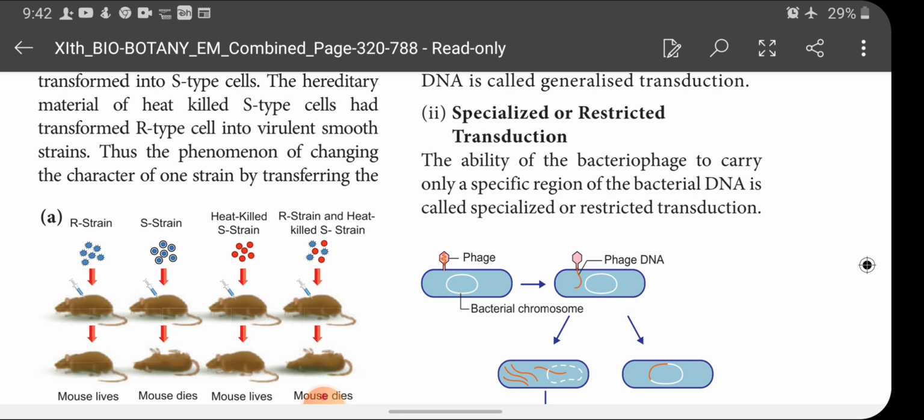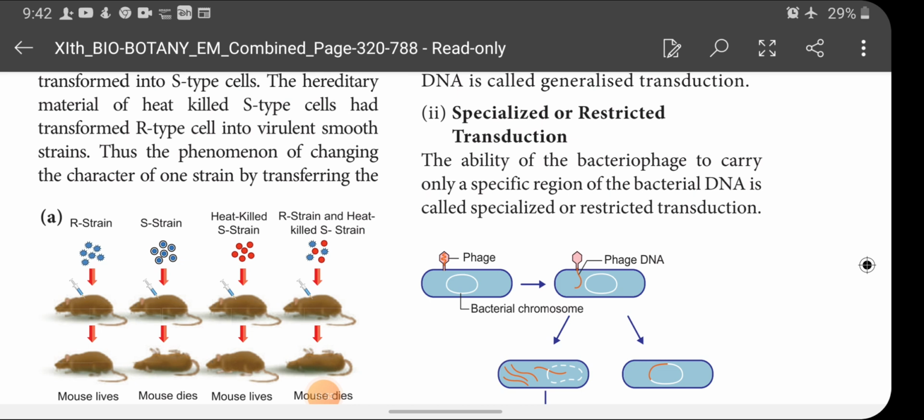So transduction is nothing but the transfer of genetic material from one bacterial cell to another bacterial cell by a bacteriophage. There are two types: generalized transduction and specialized transduction. What is generalized transduction?